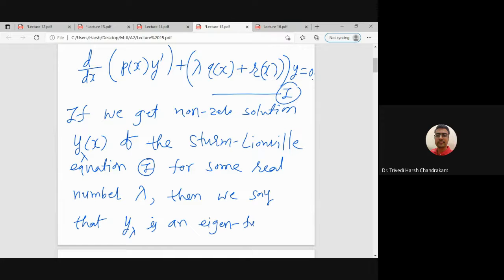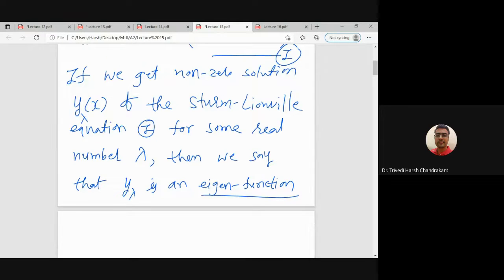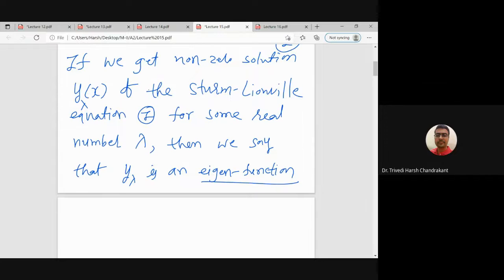Instead of eigenvector, here the solution is satisfying the equation corresponding to the value of lambda. We call y lambda an eigenfunction corresponding to the eigenvalue lambda.